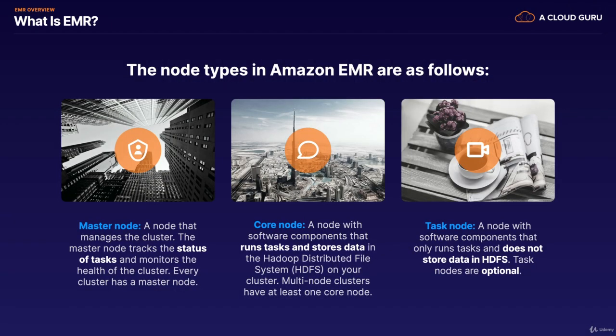We'll start with the master node, which is a node that manages the cluster. The master node tracks the status of tasks and monitors the health of the cluster. Every cluster must have a master node. The smallest cluster that you can have is 1, and that will consist of a single master node. We then have our core nodes.